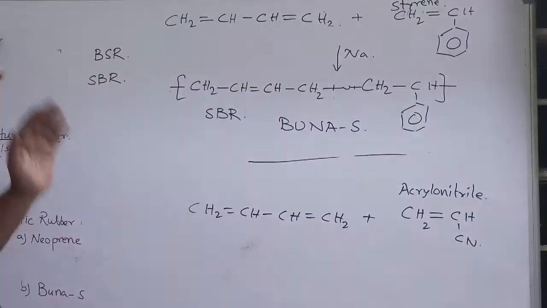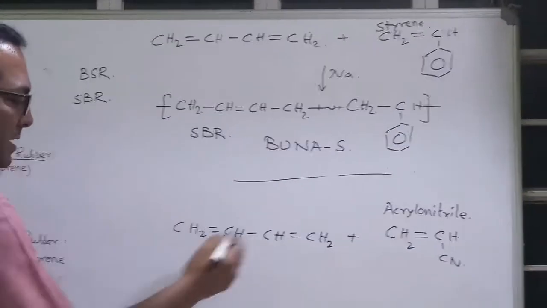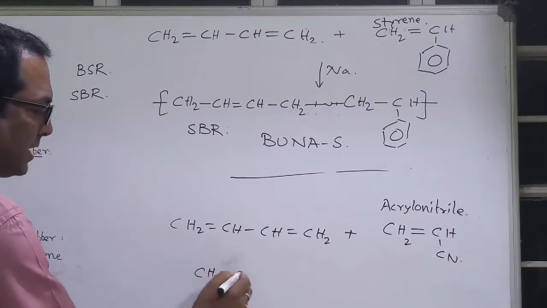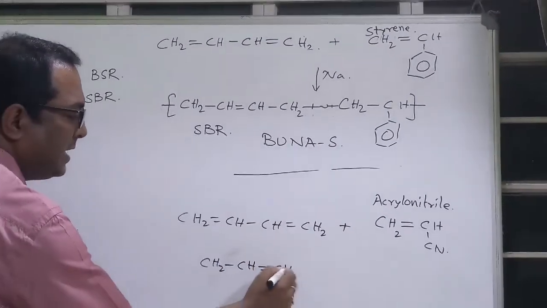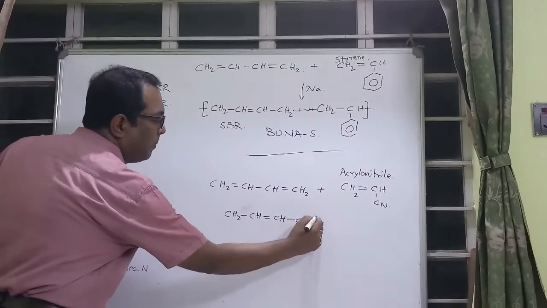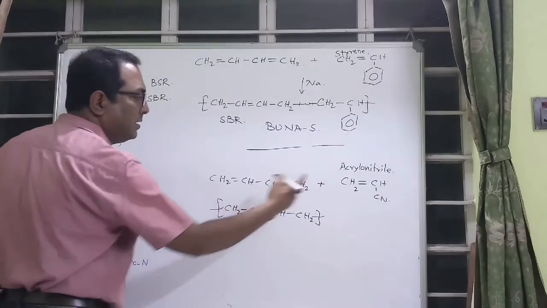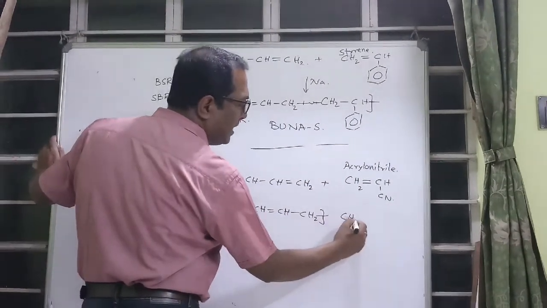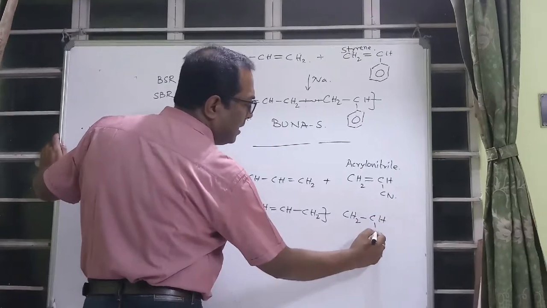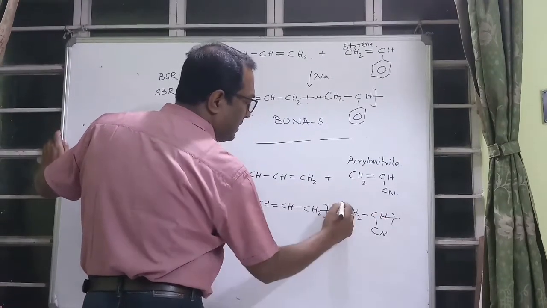So if you can divide and see it, then it forms again the similar way, CH2 single bond, CH double bond, CH single bond, CH2 opens the hand for uniting with acrylonitrile, CH2 single bond, CH and CN, and it joins hand.